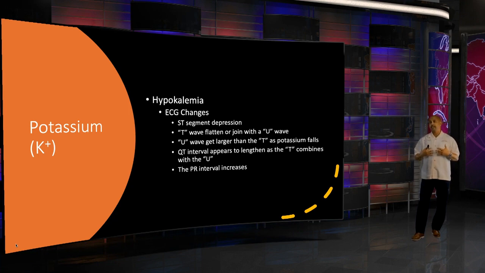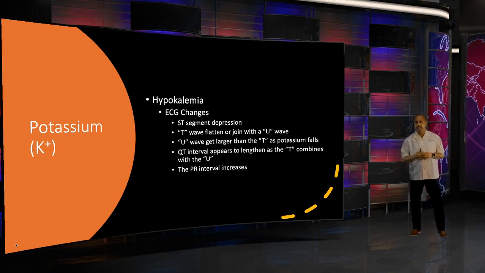So can this ST depression be something more significant, or could it be that the patient's just hypokalemic? Those are questions we ask ourselves, but we've got to do a good history and a good assessment to determine that. So that T wave could flatten, we can see that. The U wave gets much larger, which comes right after that T wave, which you really don't see.